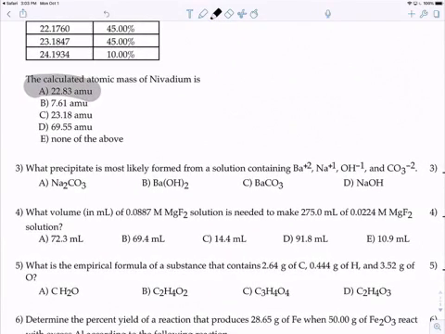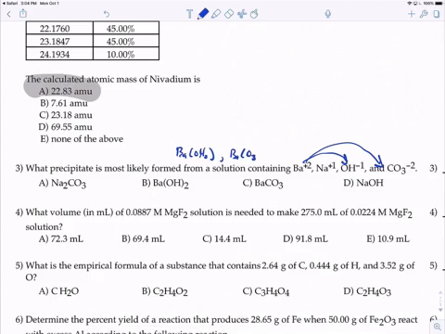So what precipitate is most likely to be formed from the solution containing barium plus 2, sodium plus, hydroxide minus, and carbonate? So when these mix, barium's going to mix with hydroxide and carbonates. Sodium, all sodium salts are soluble, and you have to look between barium hydroxide and barium carbonate.